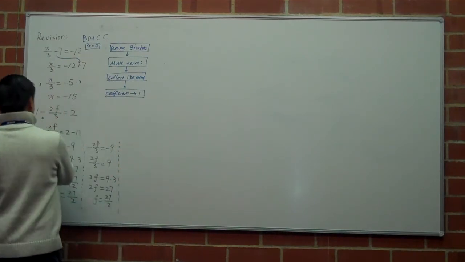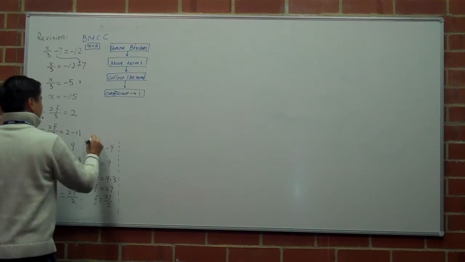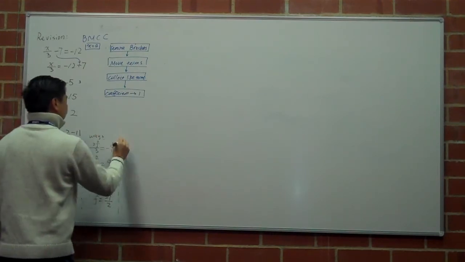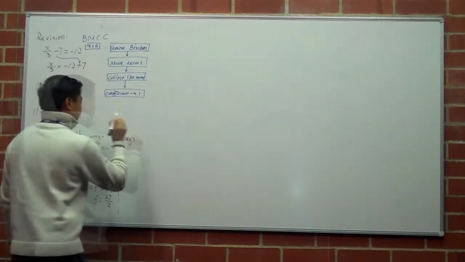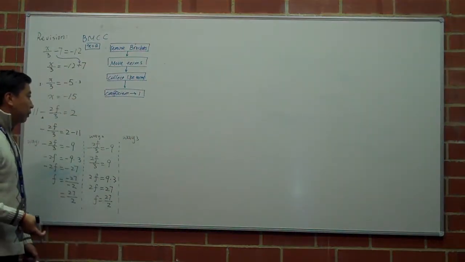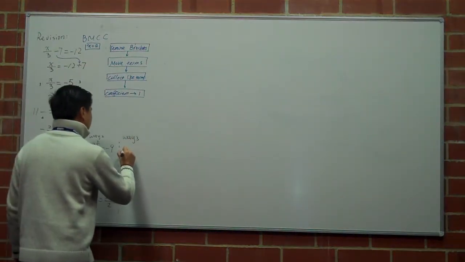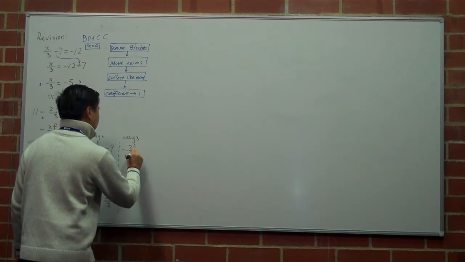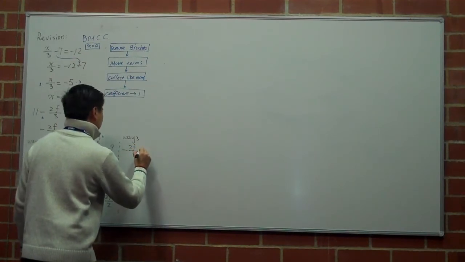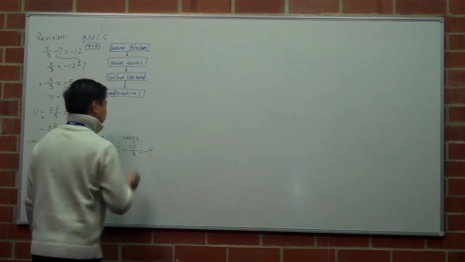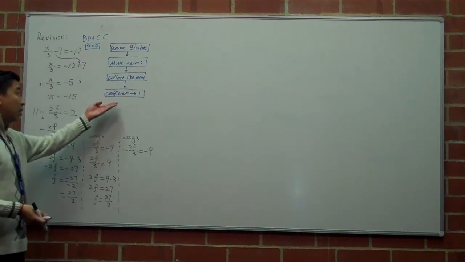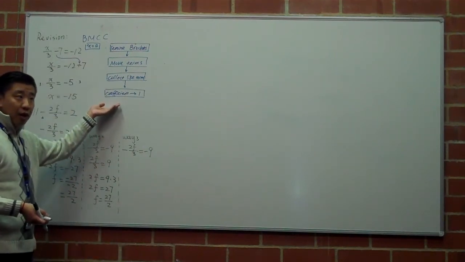That is way 1, way 2, and now way 3, I still copy down this question. Negative 2f over 3 equals negative 9. So the last step is make the coefficient 1.